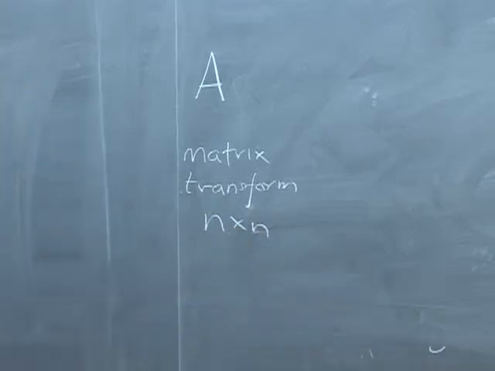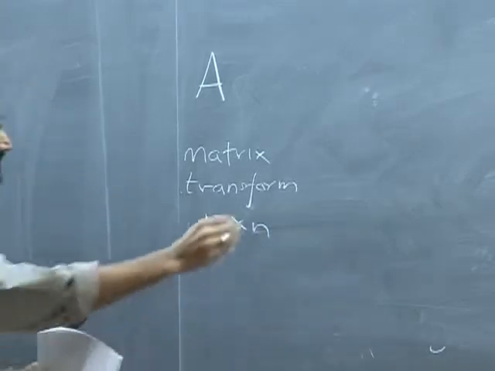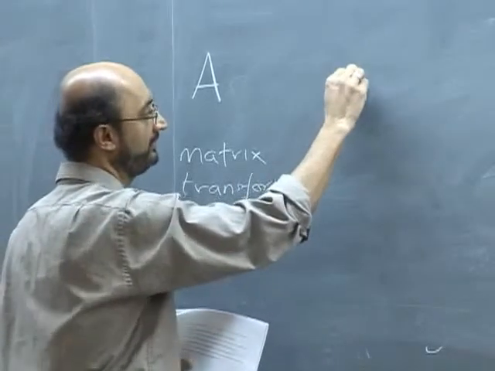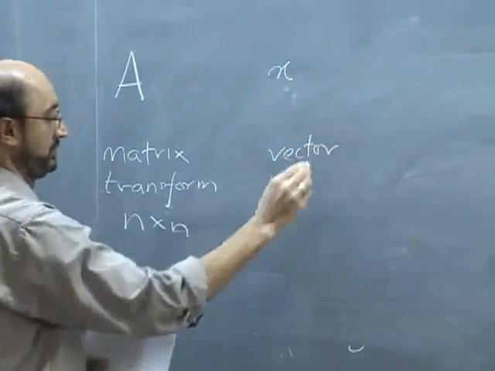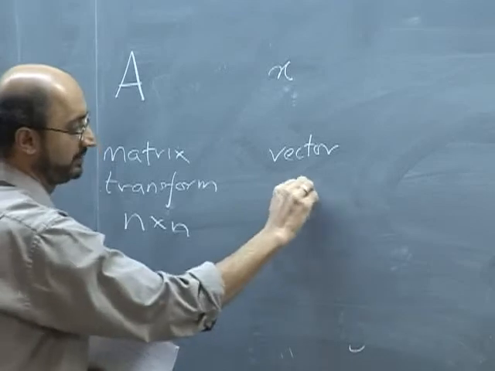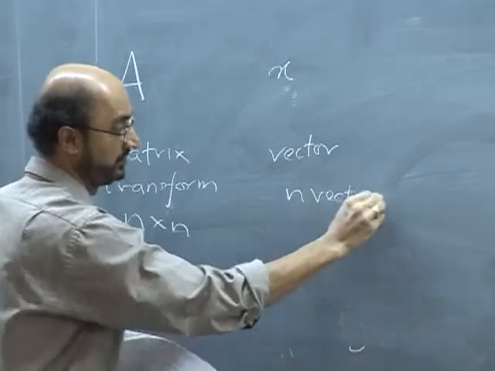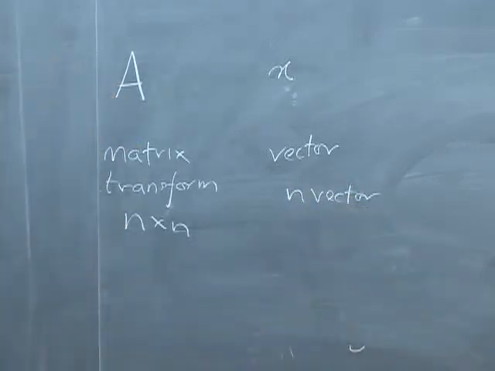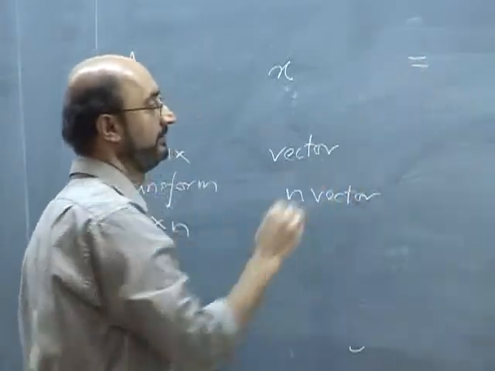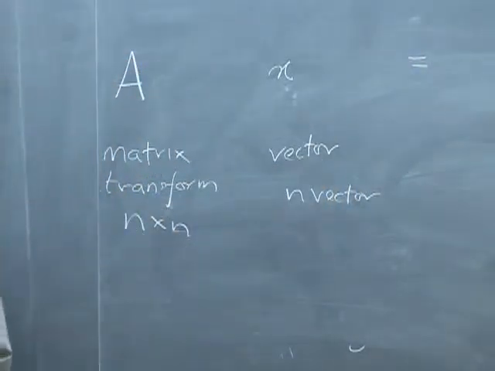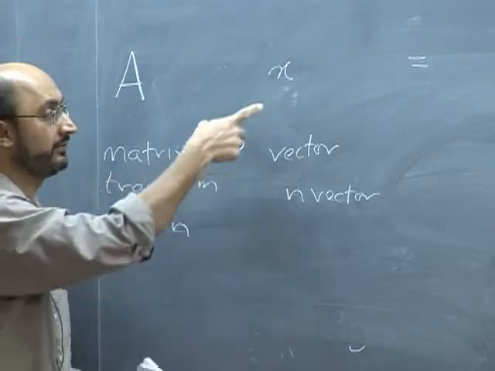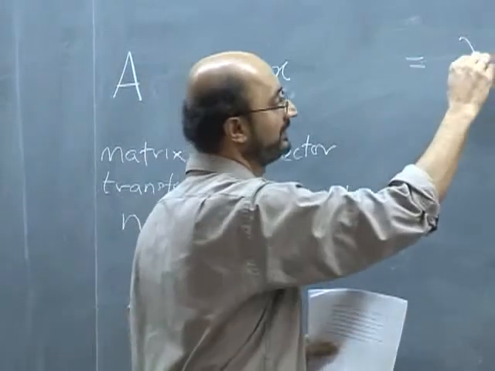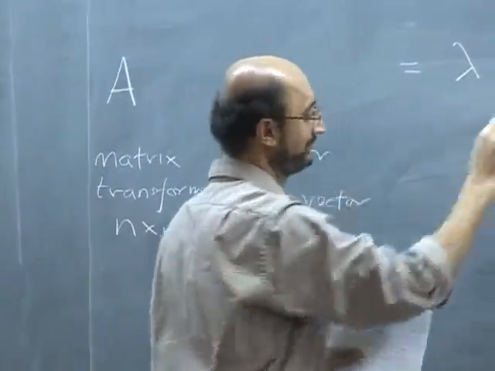And we're going to apply it to a vector x, which is an n-vector. And what we're saying is that the product of the matrix on the vector, or the transformation of this for some x, is equal to a scalar multiple lambda x. Lambda is a scalar.